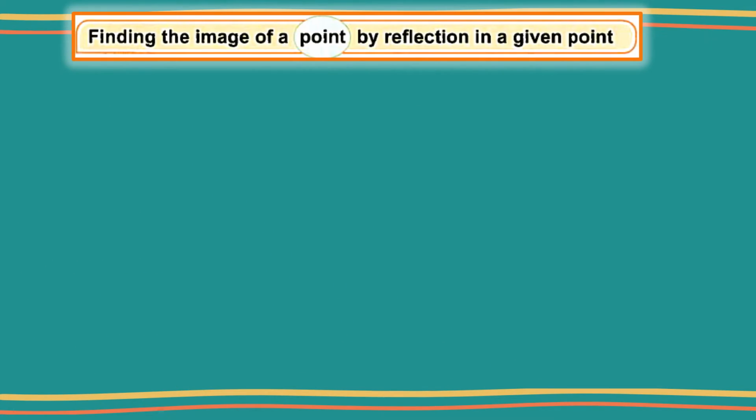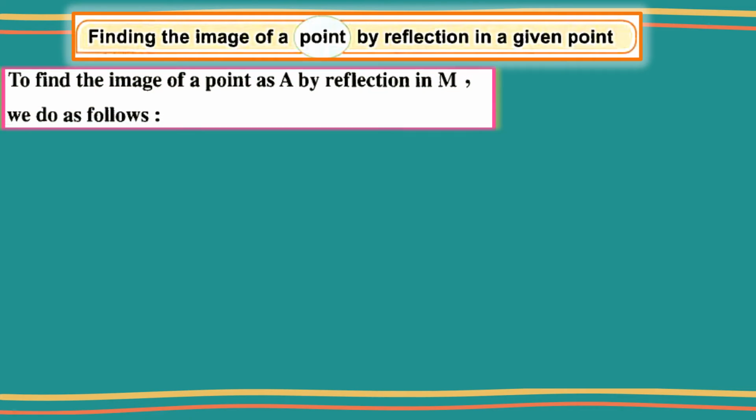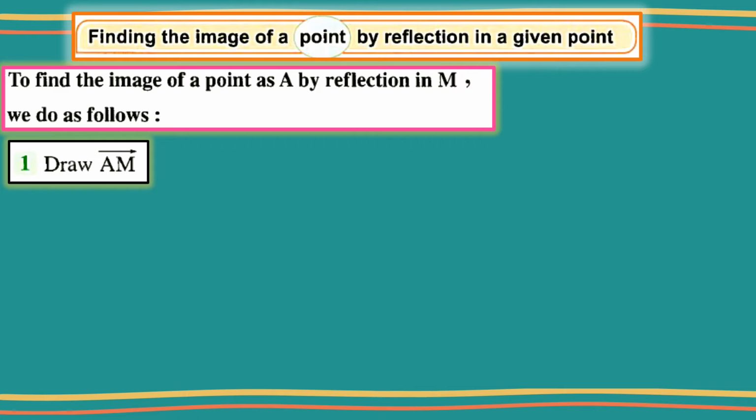Now find the image of a point by reflection in a given point. To find the image of a point A by reflection in M, we do as follows. Number 1, draw AM as a ray.